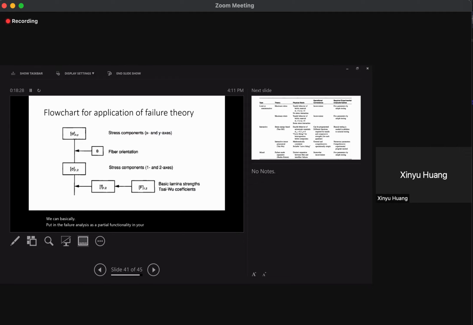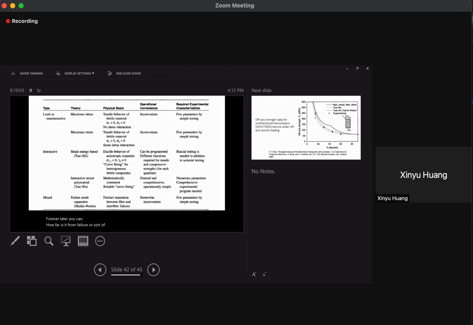Somewhere in your code, you solve the stress in the material coordinates in every layer. You have that data somewhere in your solution process. Once you have that, you can start checking each layer by applying a failure theory. For example, with Tsai-Wu, you calculate the failure metric using Tsai-Wu for every layer, and see how far it is from failure or whether it has already failed.